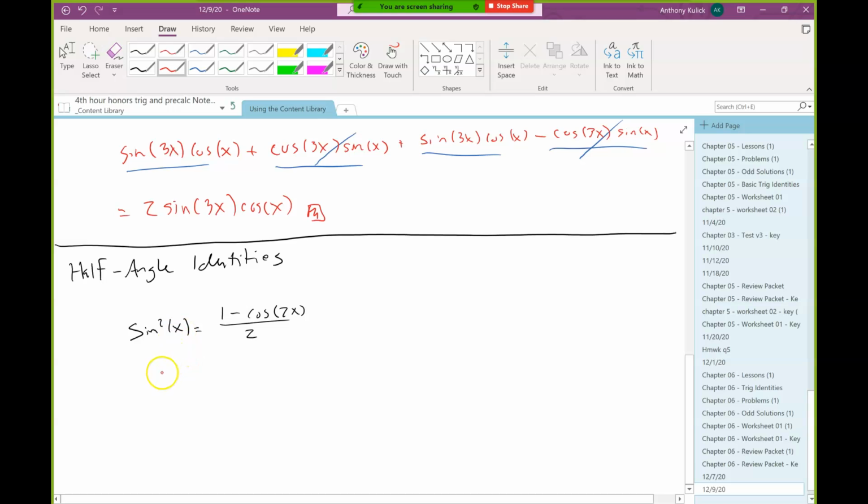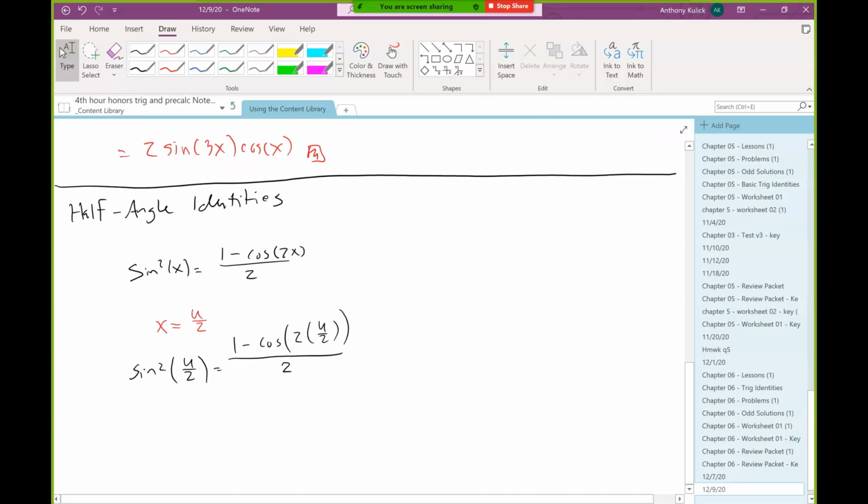And then I'm going to make a substitution. I'm going to say let x equal u over 2. So then I'll just substitute that in. So there we notice that 2 times u over 2 just reduces down to u.